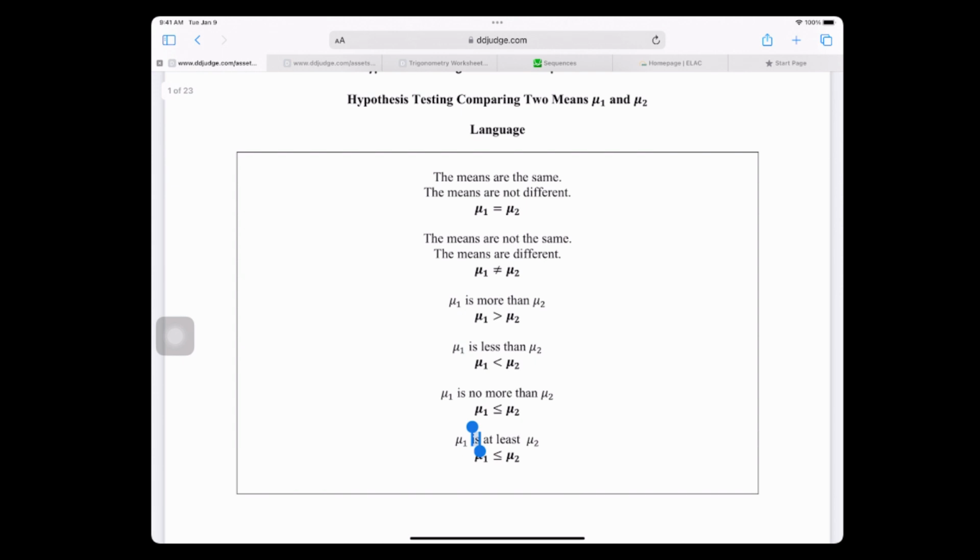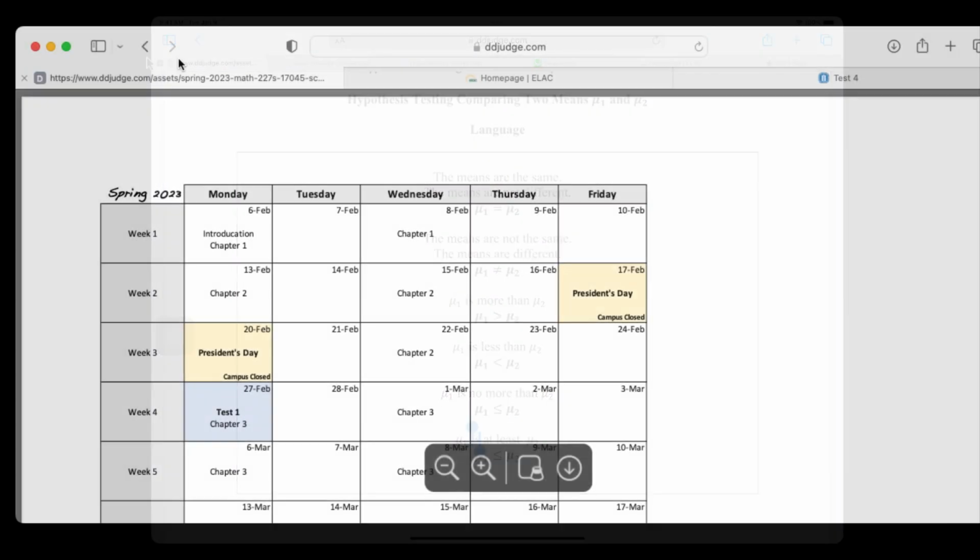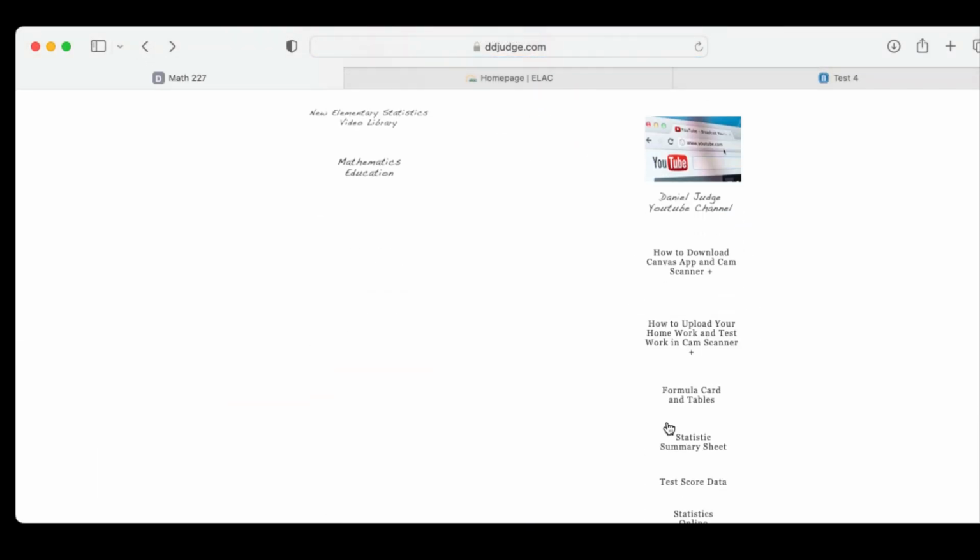Okay, so you might say, can you do the same exact thing, but for means? Yes. Now you say, where are those notes?